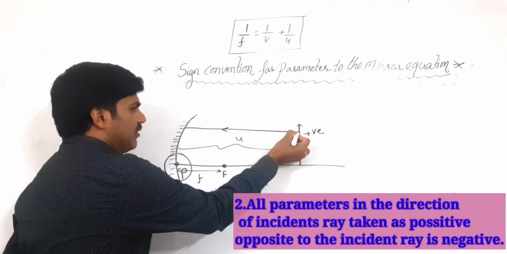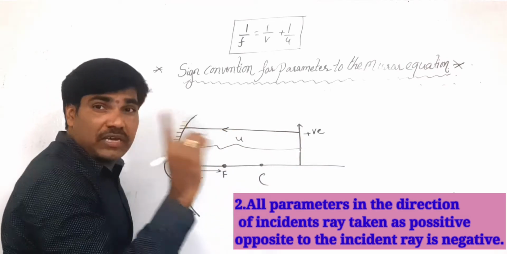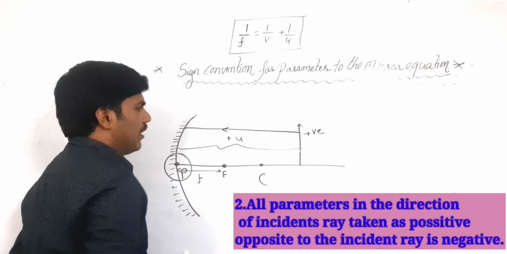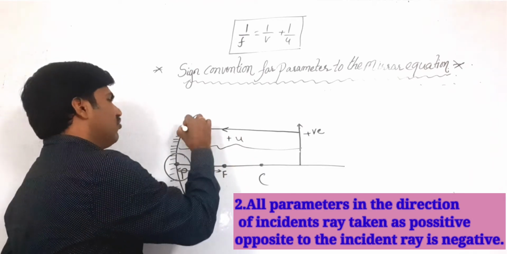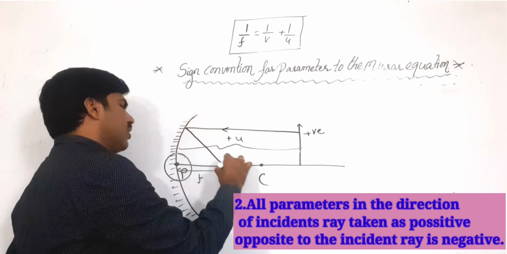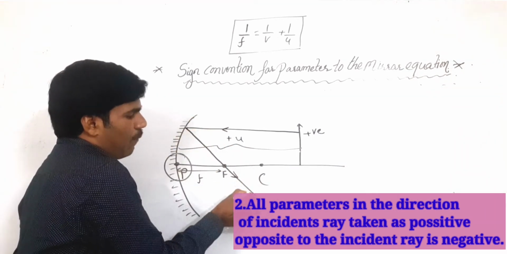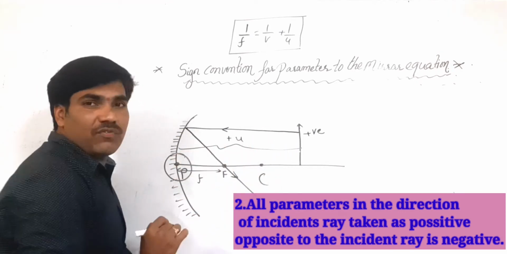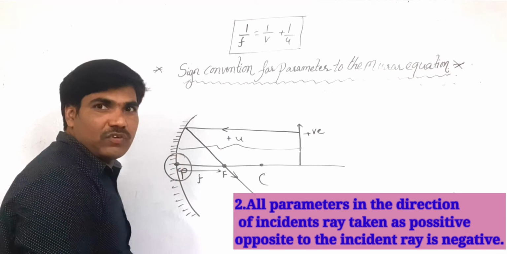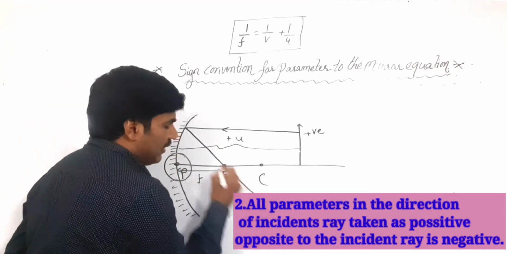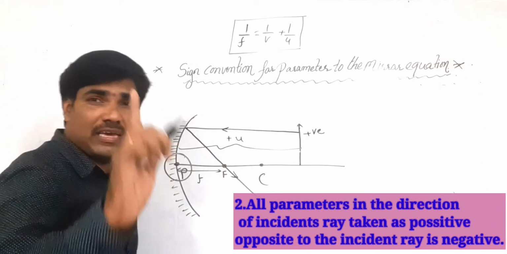Suppose here the object distance is taken from here to here. That is taken as positive. After reflection, you know very well this ray passes through the focus. It is opposite to the direction of the incident ray. That's why whatever parameters we consider there are taken as negative.